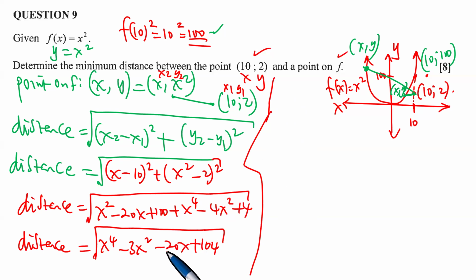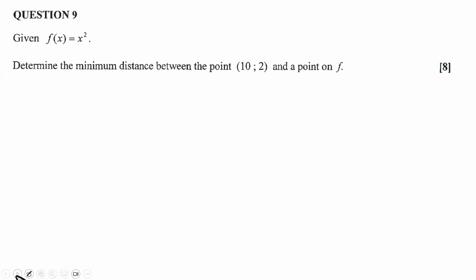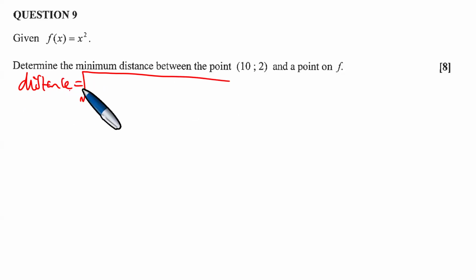So we continue. Now we're interested in the minimum distance. We know that the distance is the square root of x to the 4th power minus 3x squared minus 20x plus 104.